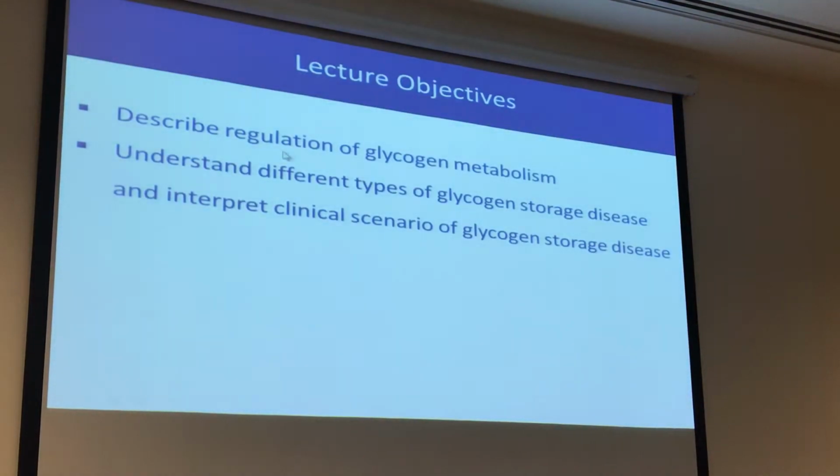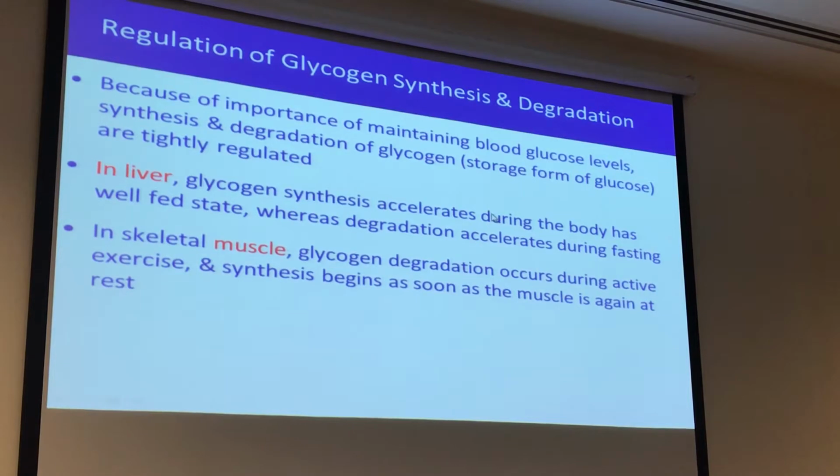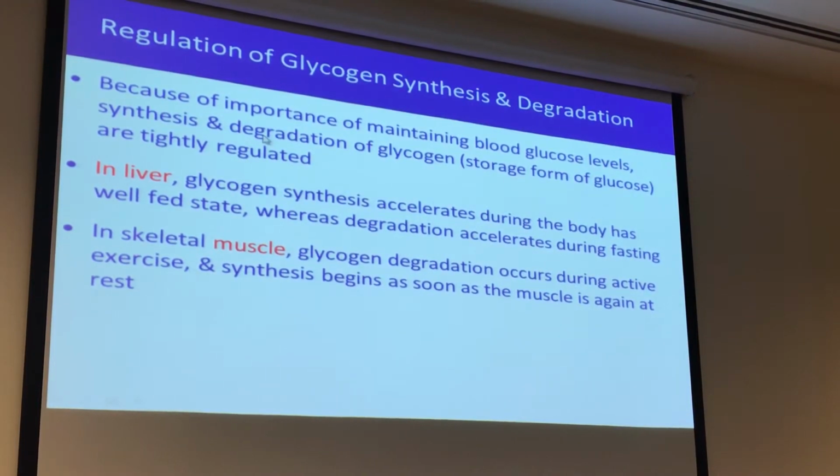Okay, so today we're going to talk about the regulation of glycogen metabolism, and we talk about the disease associated with glycogen metabolism, and we call them glycogen storage diseases. Okay. So because, as we said, we need to maintain the blood glucose level, that's why we are going to control the synthesis and degradation of glycogen.